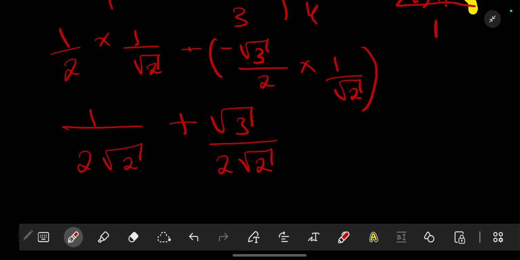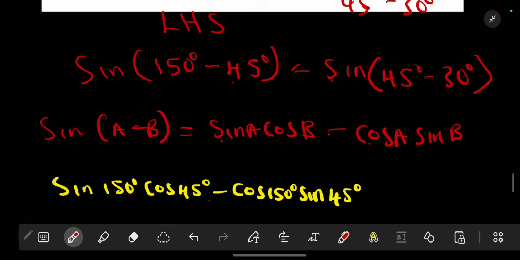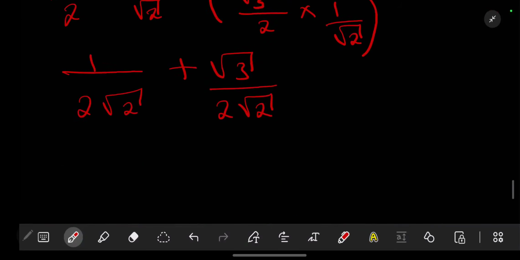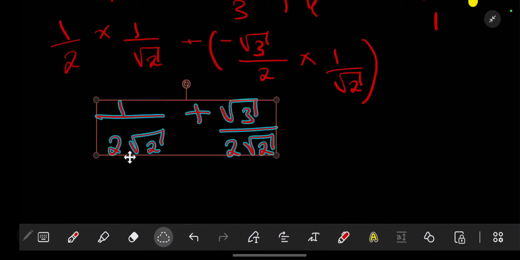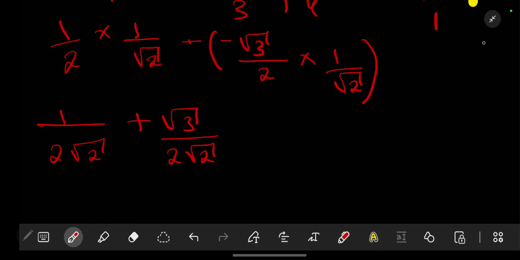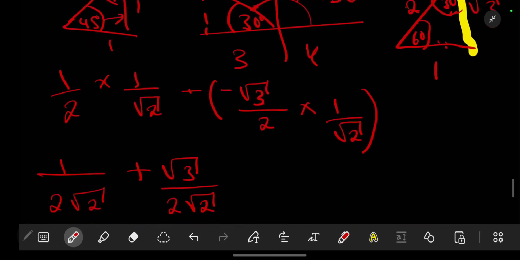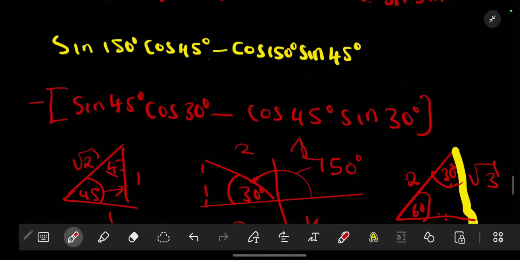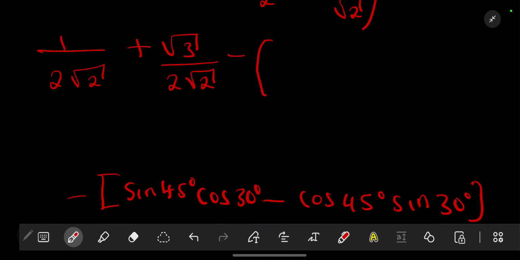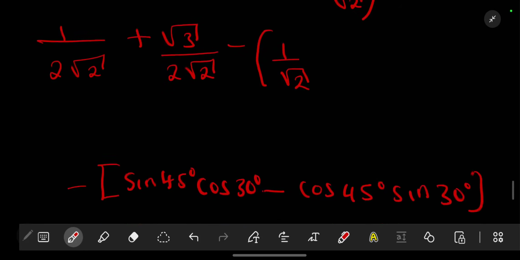So with this done, we are going to get our value, which will be equal to minus. Remember the sine of 45, so we have this value. Let me just grab it. Sine of 45 is 1 over root 2, like that.